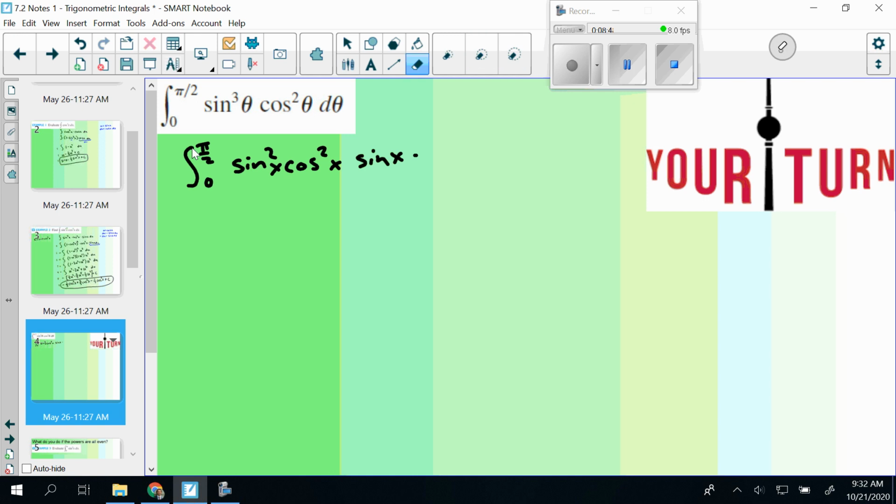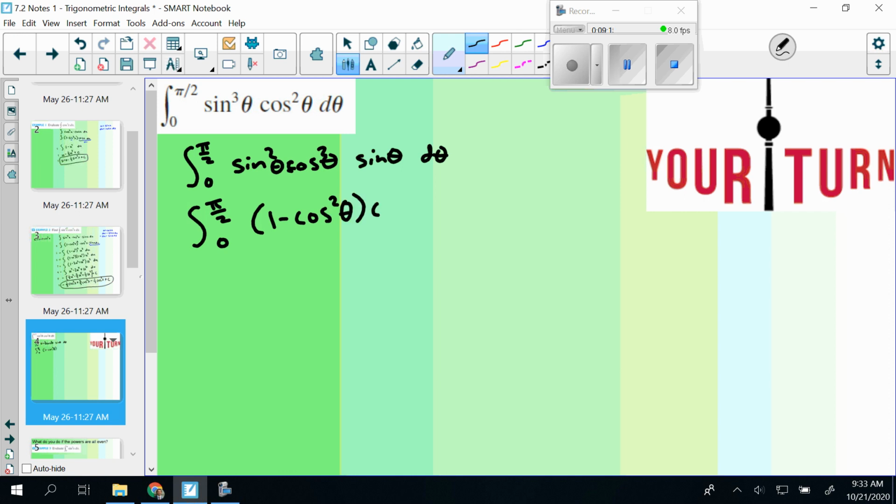Actually, looks like we're using theta here, so I should change and use the same variable. So on this one, since sine's the one that we pulled out, then we want to do our trig identity with that one. So it would be 1 minus cosine squared that we're putting in place of that.